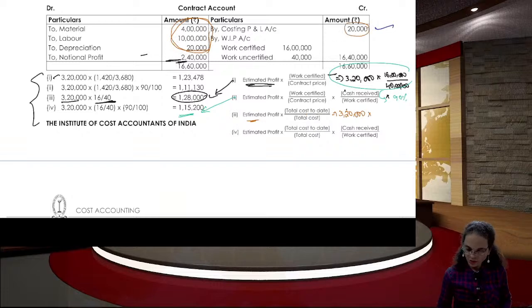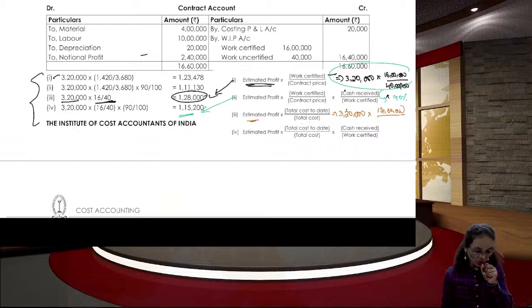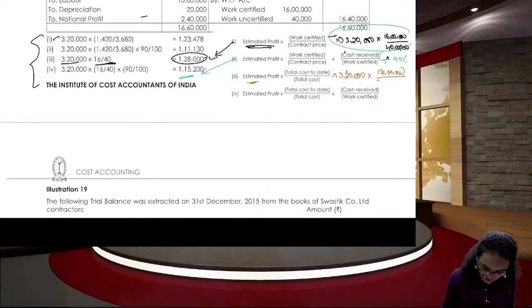So remove 20,000, so you have incurred only 14 lakhs. Divided by total cost. So what is the total cost? Total cost to the date and total cost for the completion of the project. Total cost estimated is 36,80,000.